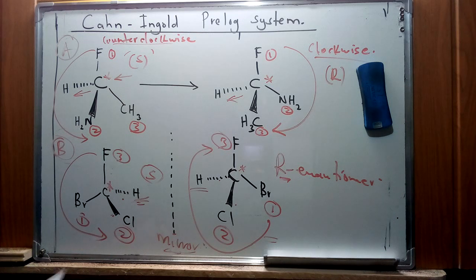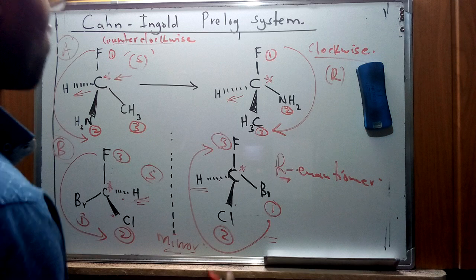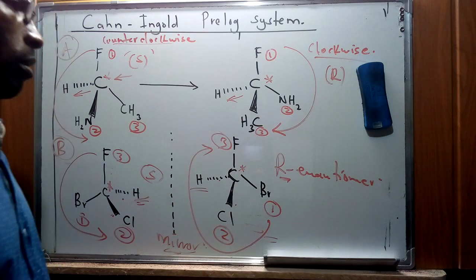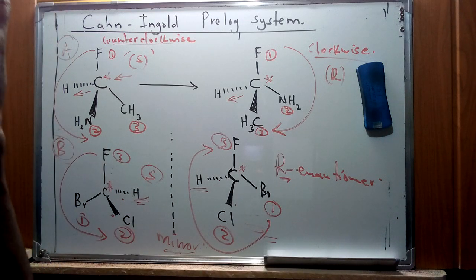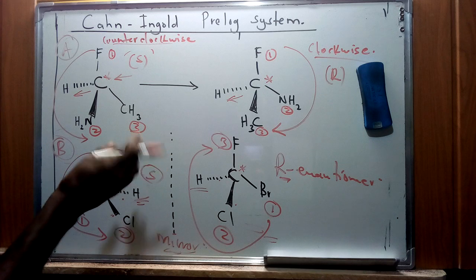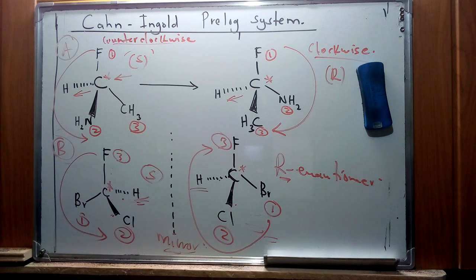Now I hope that this, compounded with the other discussions that we're going to have, especially on drawing three-dimensional illustrations or molecular structures, is going to give us an insight on how we can identify different molecules, and the concept of molecular geometry and others is going to assist us.